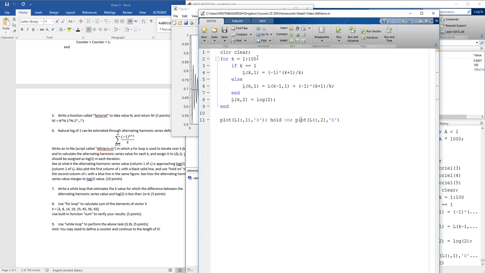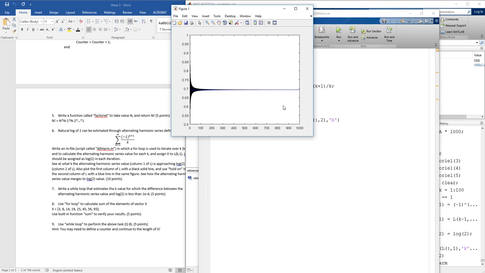I go back, instead of 100, I put 1000, and I run this again. And you can see that at 1000, it will keep oscillating, but it will get closer and closer to this value. You know, this scale is really small, so the difference is not too much.